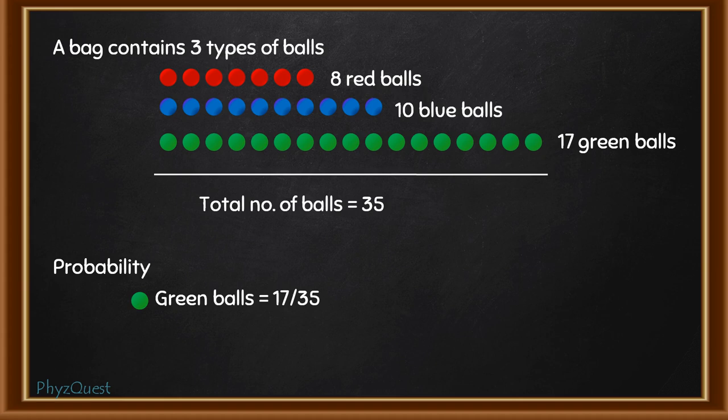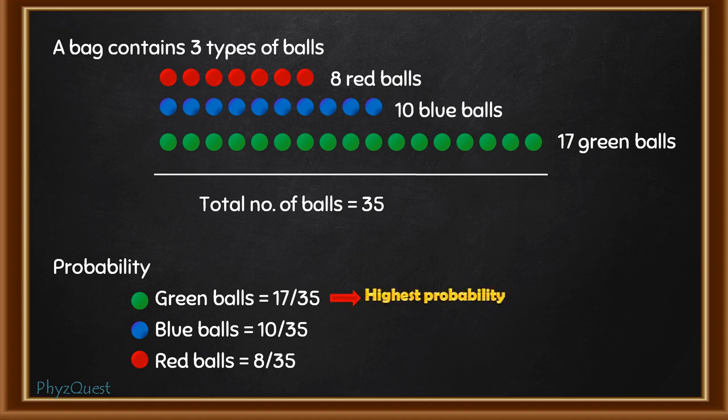Similarly, for blue color ball the probability is 10 by 35 and for red color ball it is 8 by 35. As you can see, green color balls have the highest probability, whereas the red color balls are least probable.